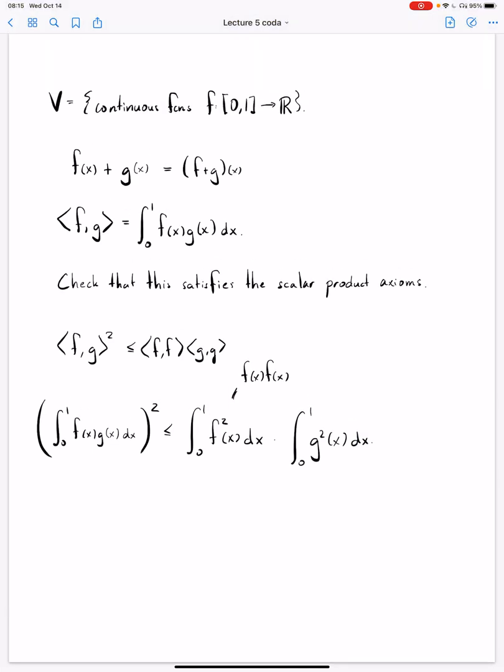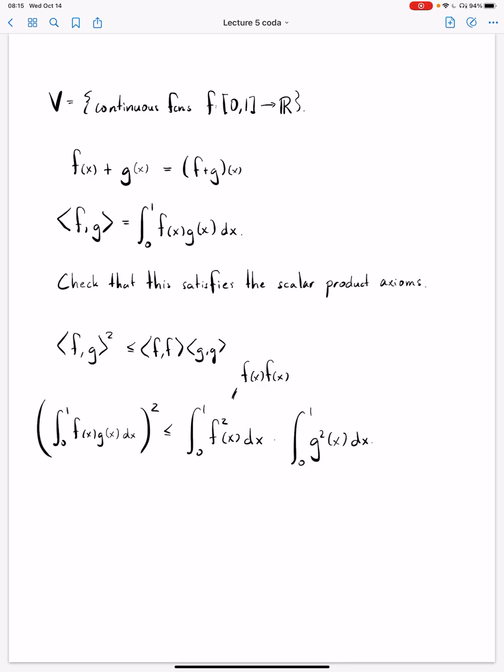So why would this be the case, where the product of these two integrals, where you mix f and g together, is bounded by the product of these integrals where you don't mix them, where f goes with f and g goes with g? It's not immediately clear how you would prove this using calculus per se. But actually, in a sense, it doesn't have anything to do with calculus.